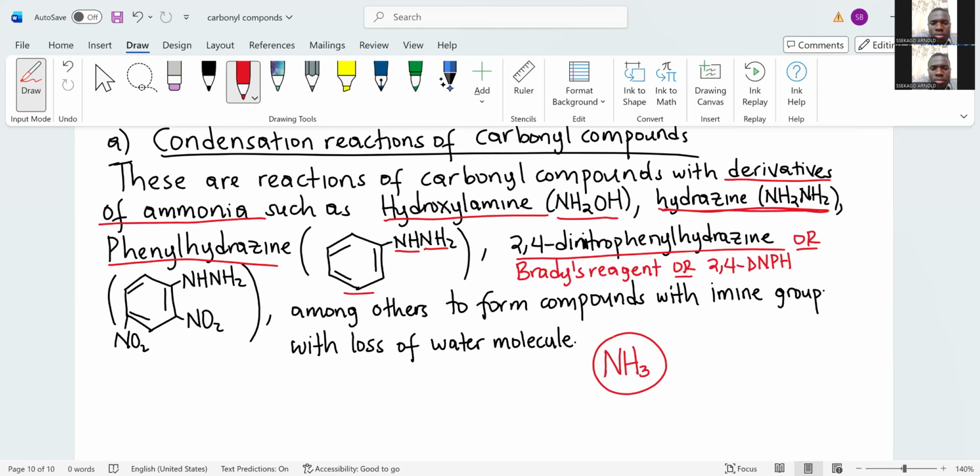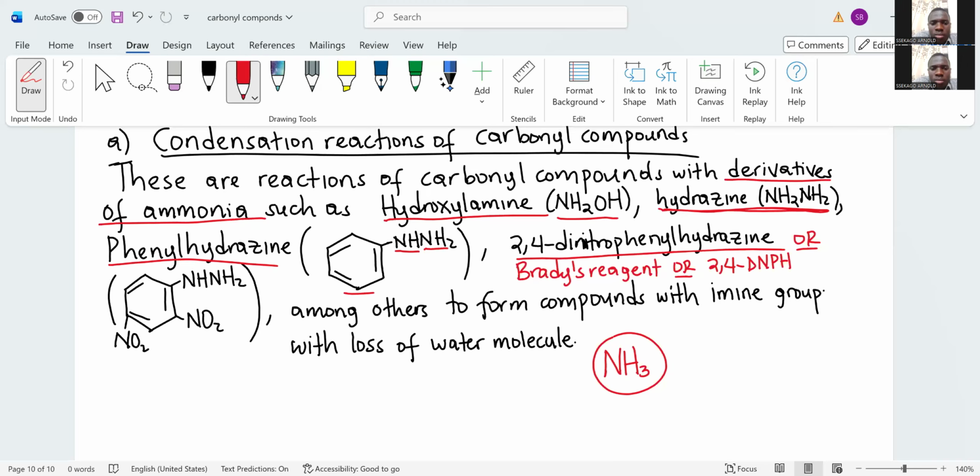So how is it generated? I have explained how phenylhydrazine is generated: it comes from hydrazine, remove 1 hydrogen and introduce a phenyl group to replace that hydrogen.